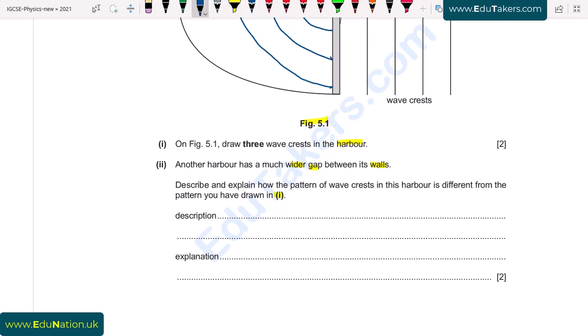First of all, when the gap is equal to the wavelength, then there will be most diffraction. Secondly, when the gap is much larger than the wavelength of the incident wave, then there will be less diffraction or no diffraction.